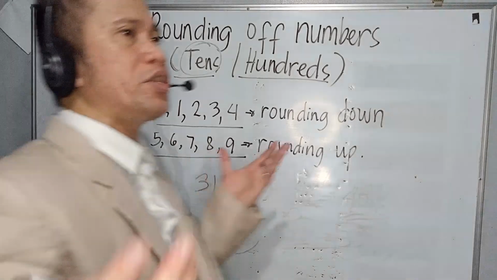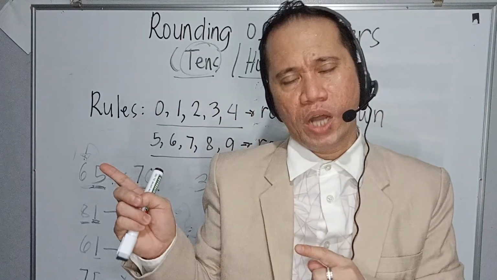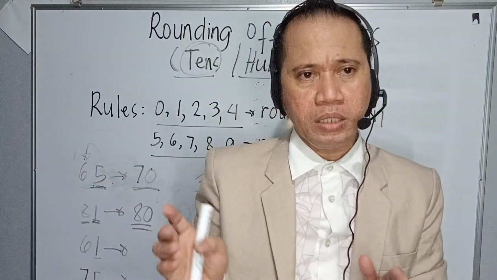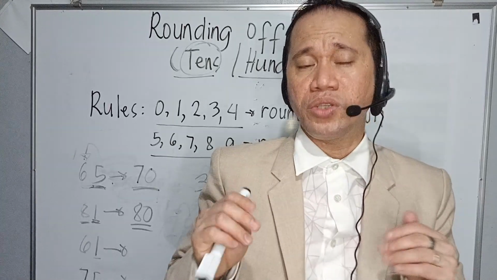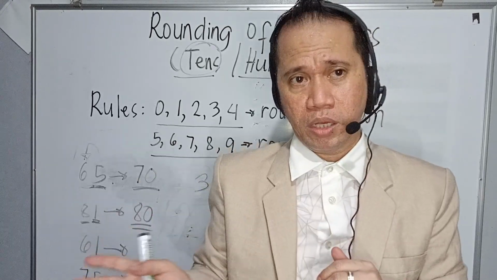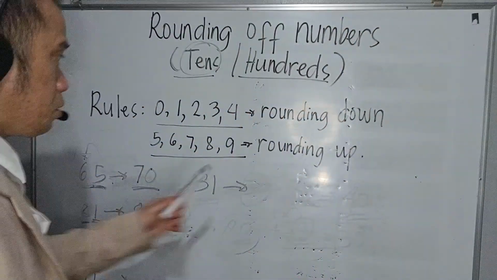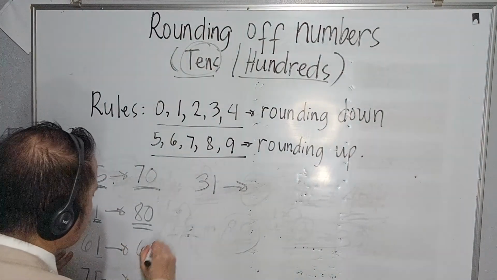If the ones digit is rounding up, you add 1 to the tens place. But if the ones digit is rounding down, it automatically becomes 0 and the tens place stays the same. Just like in our example, 61 becomes 60.